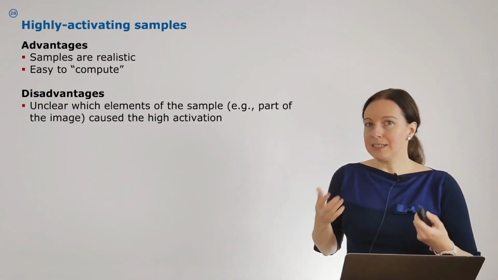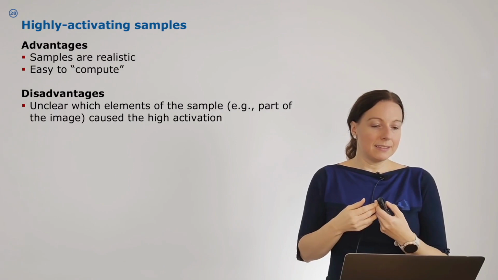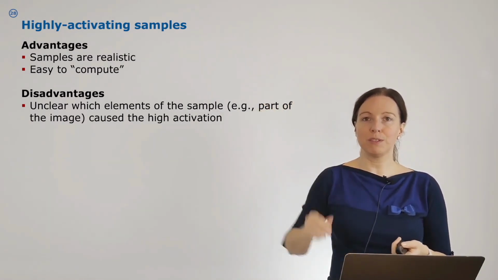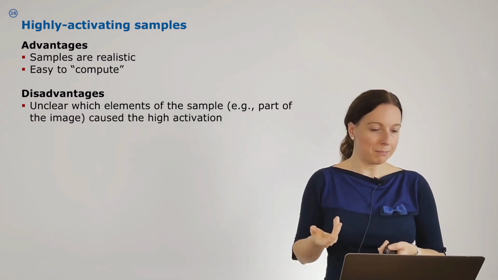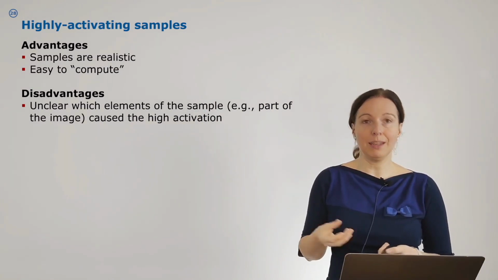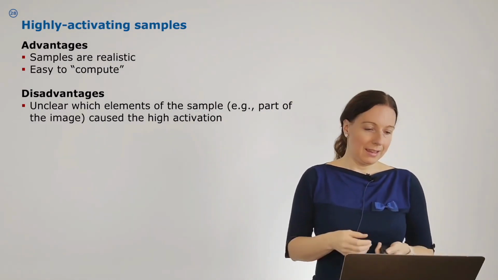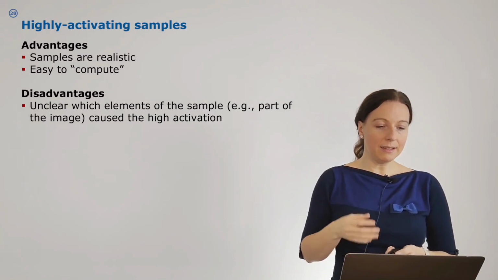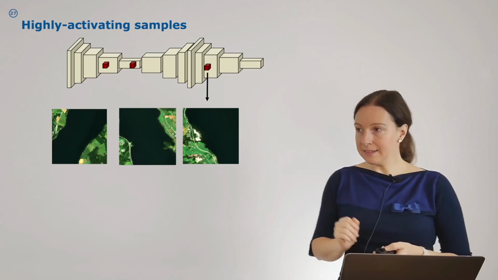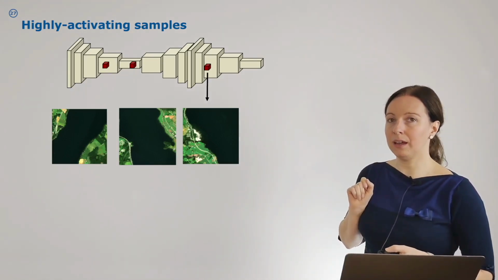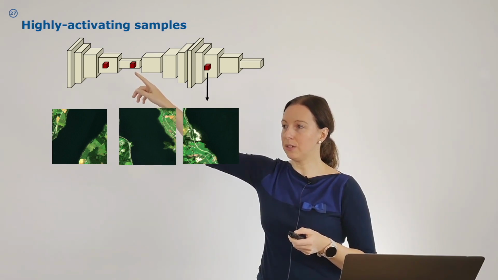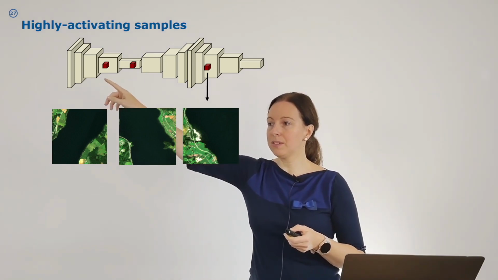The advantages are clear. It's super easy. You just search for the images which cause a specific activation to be at the maximum, and the samples are realistic because they're actual data samples. The disadvantage is it's unclear which elements of the sample cause the high activation. So for us here, it was quite clear, but imagine you look at activations, for example, in previous layers.